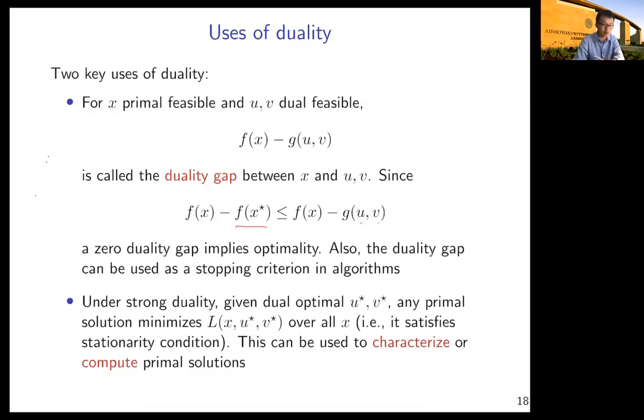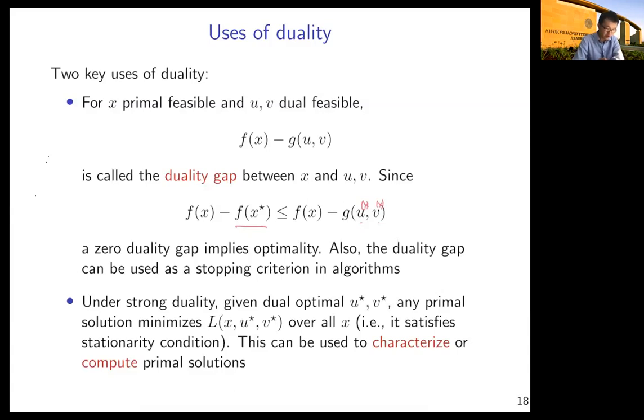They don't need to be optimal, but they can be constructed as a function of x. By doing that, we can simply calculate the duality gap as a certificate of the suboptimality gap.